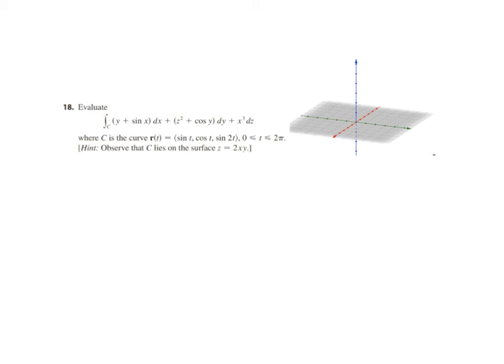Okay, so this one is asking us to evaluate this, which, remember, is just the work line integral in differential form. If you prefer, you can think of it as f equals y plus sine x, z squared plus cosine y, and x cubed. And then this is our r.